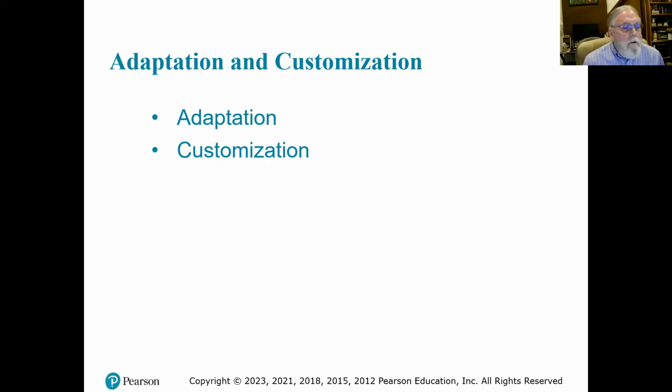Okay, adaptation and customization. As I said a little earlier, your best chance of success is for the organization to adapt to the new system and the process flow in it, rather than to try and customize the new application to match and adapt to your current business process flow.